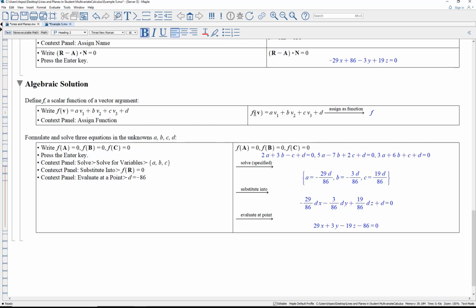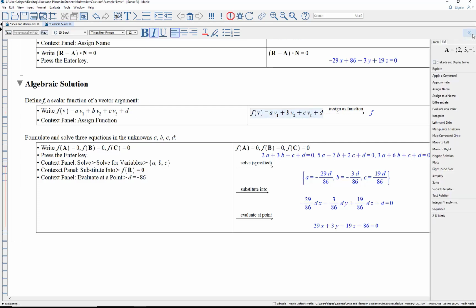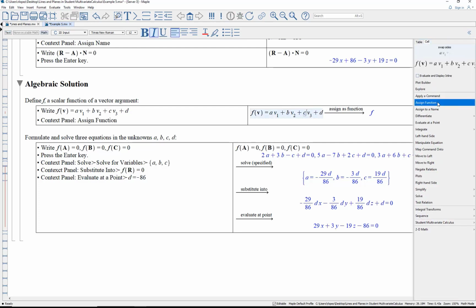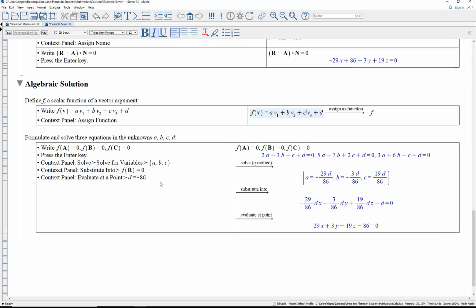So to do that, you write the appropriate statement, and then in the context panel, use assign function. That creates the function f. A, B, and C have to satisfy f equals 0.